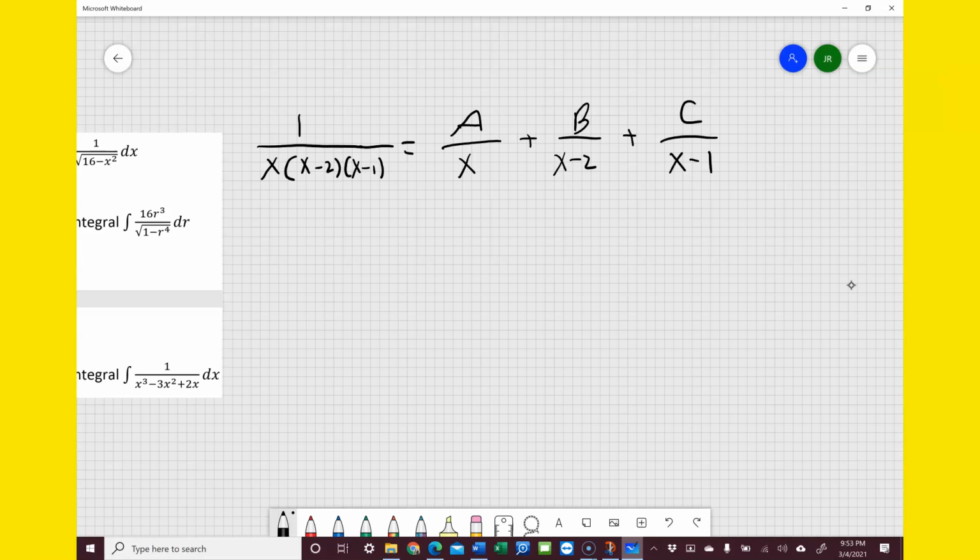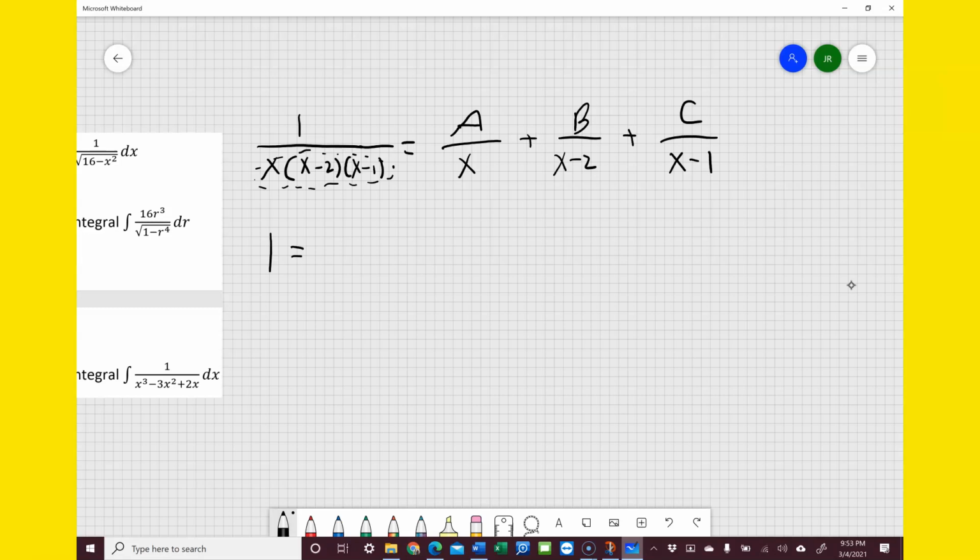Now I'm going to multiply everything by this whole denominator. Obviously the left side, the denominator is going to cancel out. It just becomes 1.